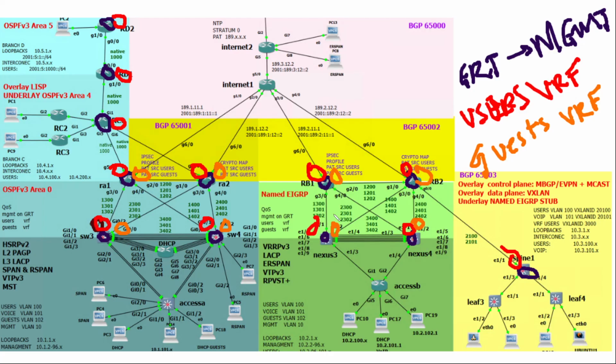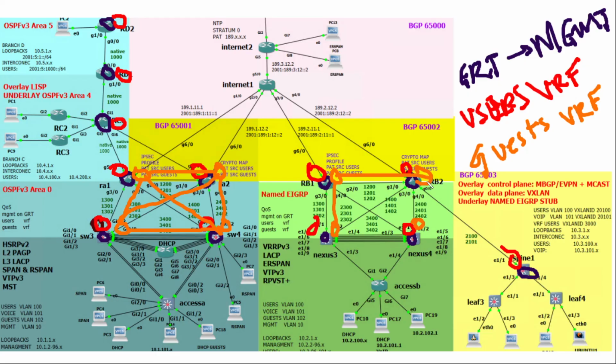Now, this is how or where we're going to configure our VRFs, but we also need to do data path virtualization. So we will need to use a protocol in order to communicate these VRFs. So we're going to use here a particular 802.1Q VLAN to communicate the guest VRFs between these two devices, another 802.1Q VLAN to communicate these two devices, another 802.1Q VLAN to communicate these two devices for VRF guest, and the same for all other communication.